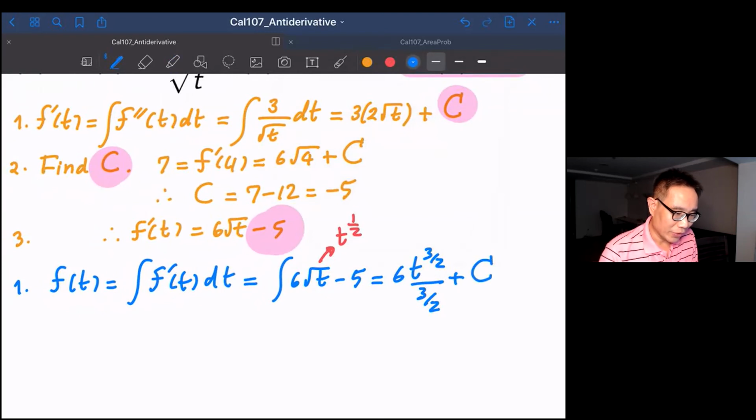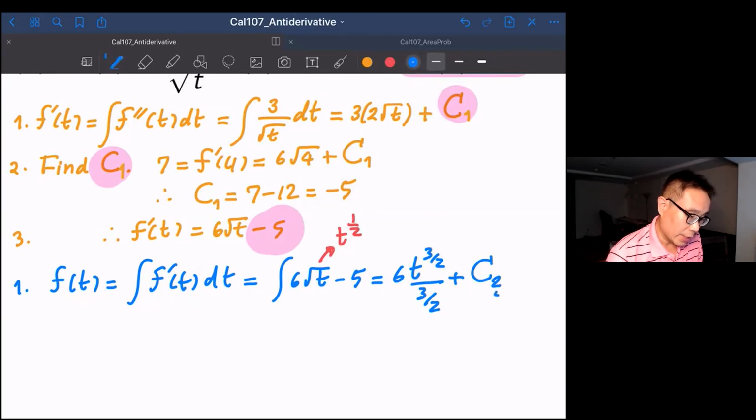Do we have the same c? Let me distinguish them to not confuse you: I'm going to change this one to C1, and for the second one I'm going to use C2, to make the calculation clearer.